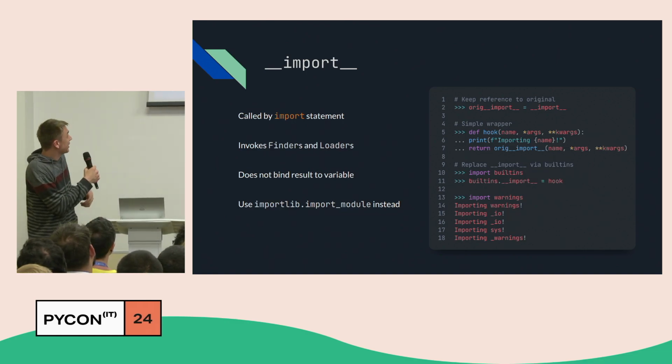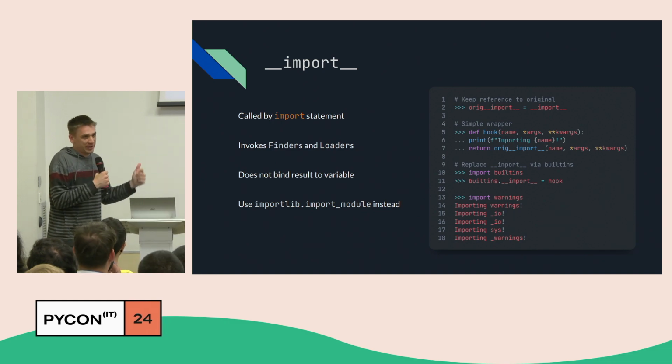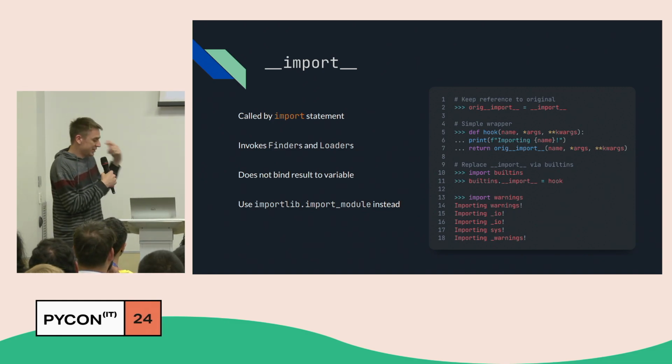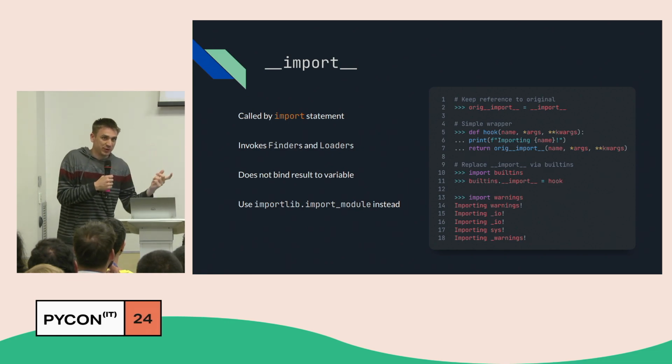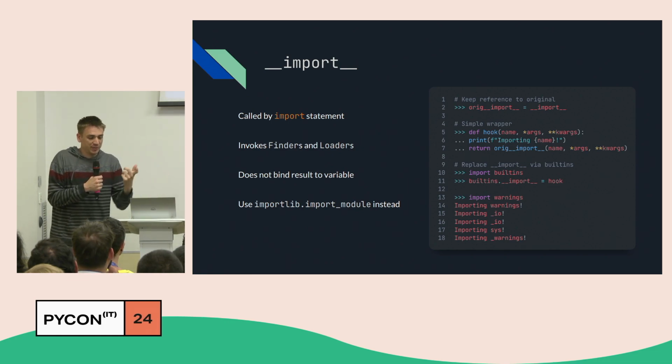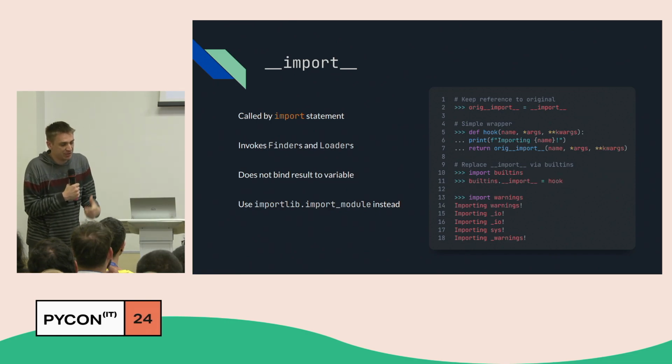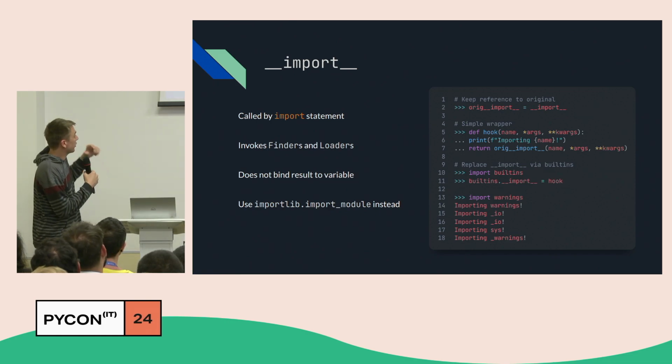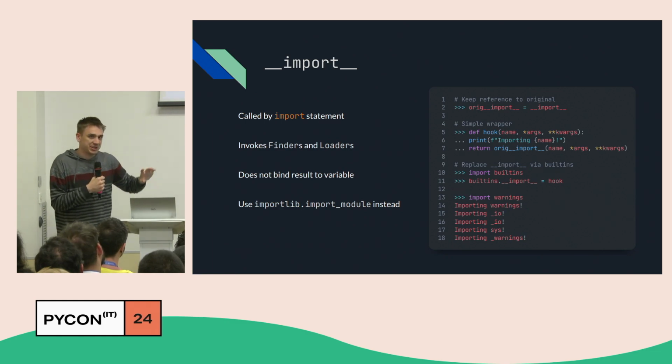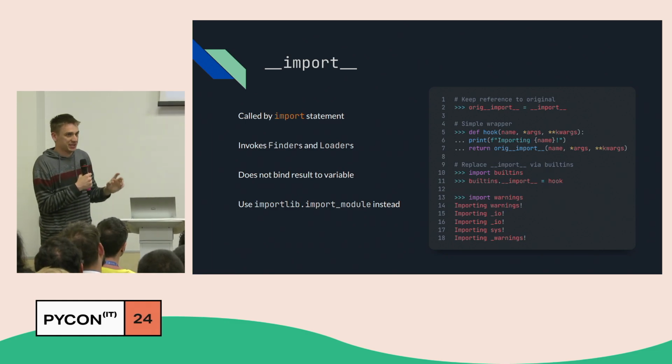All right, as I said, the import built-in is called by the import keyword. It invokes the finders and loaders. It does not bind a result to a variable, and you're not really supposed to use the import built-in function to import things dynamically. The importlib module has an import module function that you should be using instead, and it manages caches a bit better.